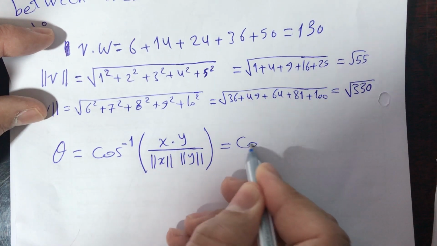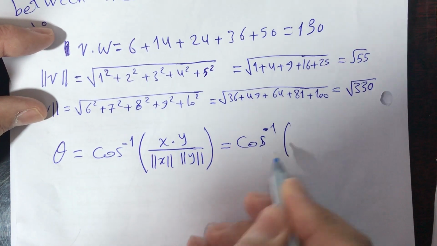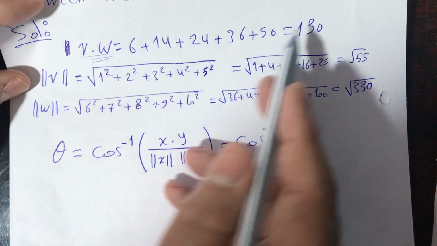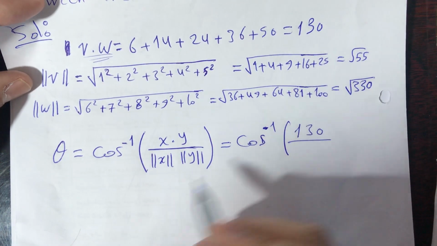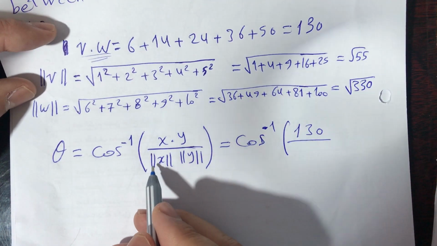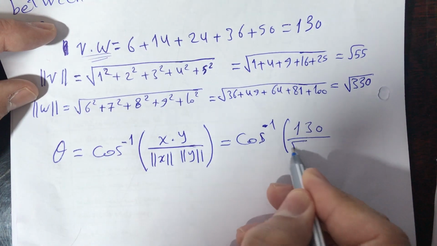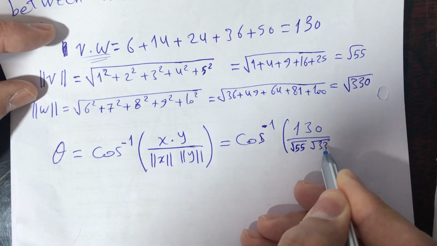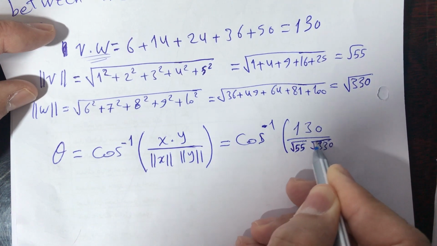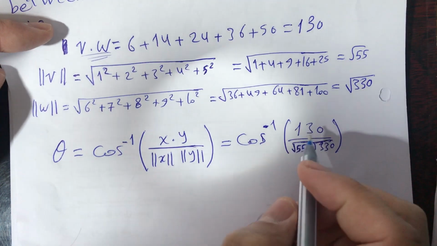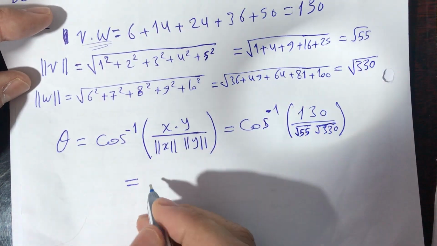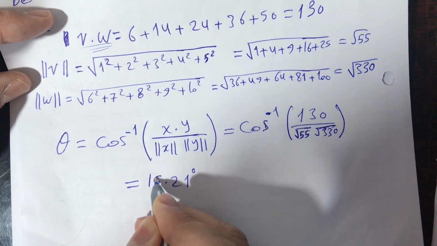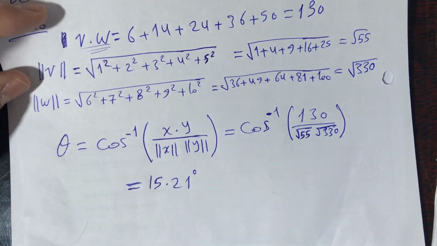Putting in v and w, this equals cosine inverse of 130 over root of 55 times root of 330. This will be approximately 15.21 degrees. This is theta.